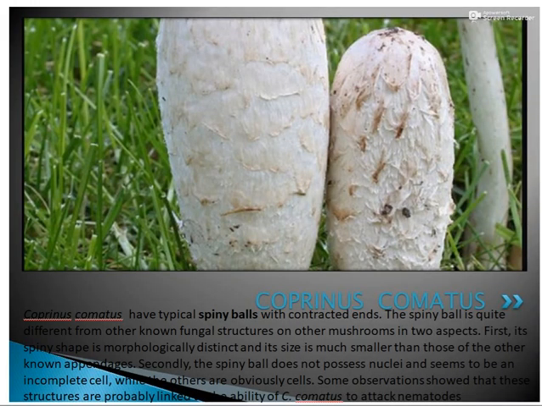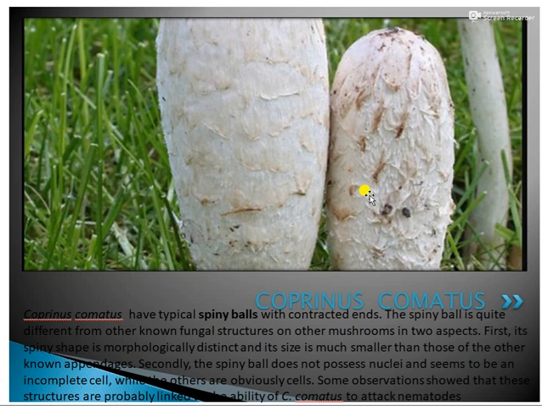Another example is Coprinus comatus. This is also something which is found in yards frequently. Coprinus comatus is another fungus which typically produces spiny balls with contracted ends. You can see these balls are spiny, and they are contracted towards the ends. The spiny ball is quite different from other known fungal structures on other mushrooms in two aspects.